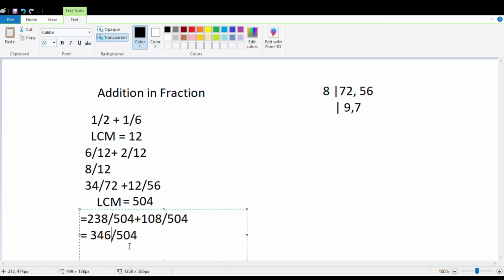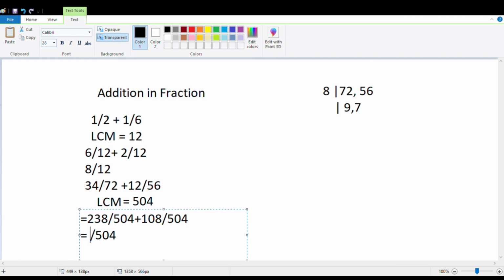But again, let us imagine, just as a hypothesis, that instead of 346 the number was 648. This would never happen, because 238 plus 108 will not be greater than 504.